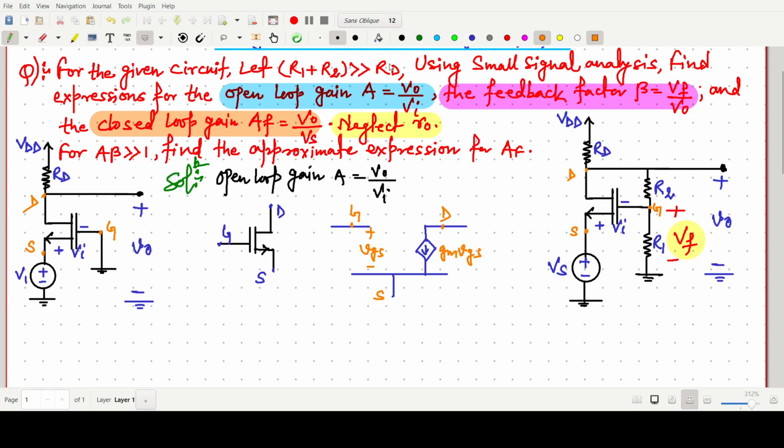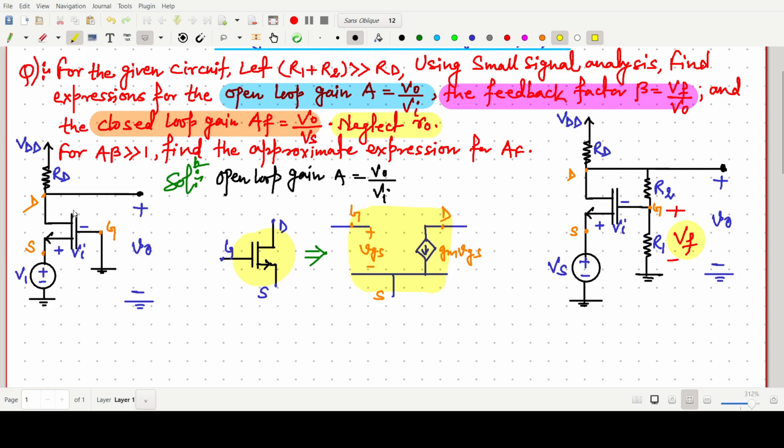This one is just the AC equivalent model for the transistor MOSFET. The model will be like this, and that we have to use in this circuit.